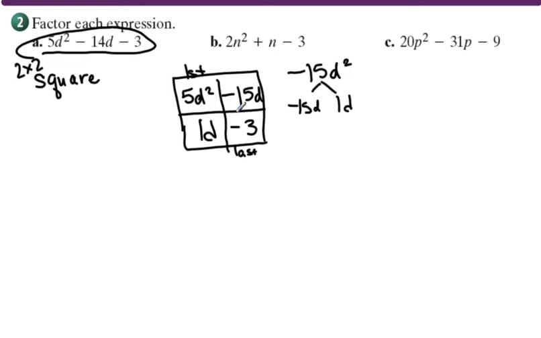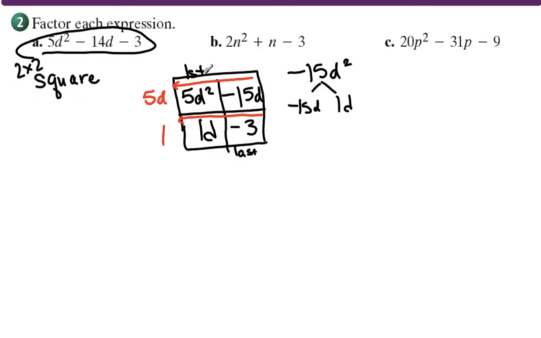It doesn't matter. Now what we need to do is find the greatest common factor of these two terms, 5d squared and negative 15d. Well, that would be 5d. 1d and 3. Well, the only thing a 1 and a 3 have in common is a 1.